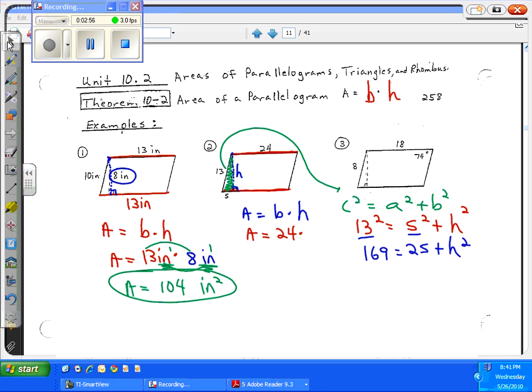The variable is not on both sides, so now it's time to undo. We're going to get rid of the 25 that's added on before we get rid of the exponent. So we undo what's added on by subtraction. We get 144 is equal to the height squared. We undo the square with the square root, and we get that the height is 12.